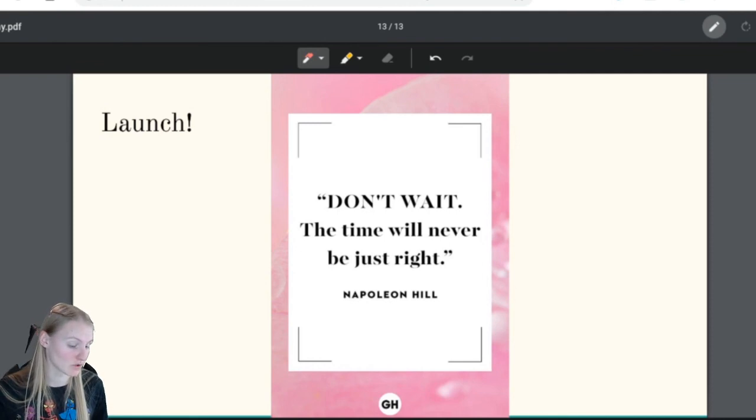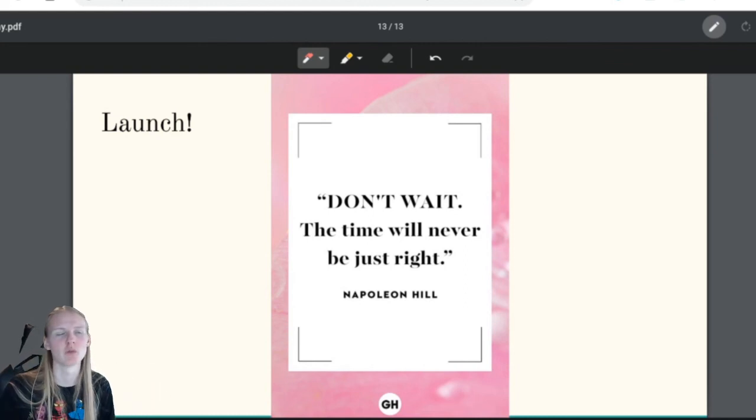Don't wait to do something that you're really passionate about. I really want to learn the piano, but I want to wait until I have a bigger room or until something. You want to wait for XYZ. Like, no. If you're really passionate about something, don't wait. Time's never going to be just right. So don't wait for time to be perfect. If you're passionate about something, do it. Unless it's drugs. Don't do drugs.